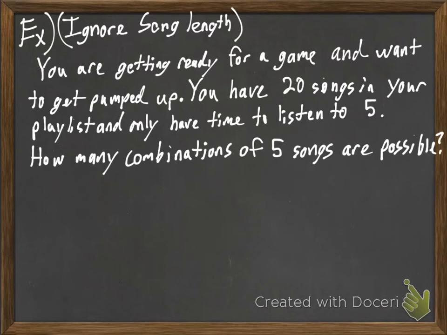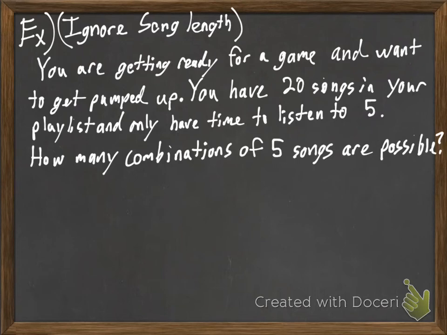If you listen to some old classic rock songs, those can last like 6, 7, 8 minutes or more. So we're going to ignore the song length here and just answer the question for what it is. This isn't a real life question. This is practicing with combinations. So I'm not going to try to fool you here and make it seem like, hey, look, this could actually happen. Not really. So let's just get practice with that formula.